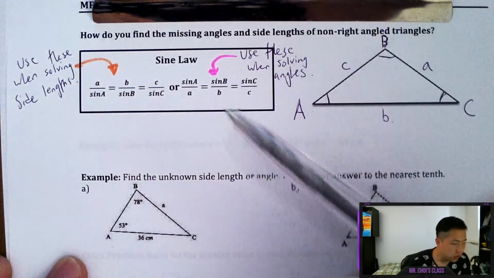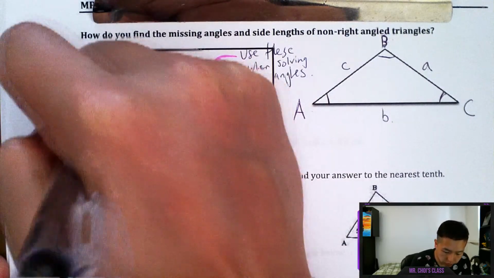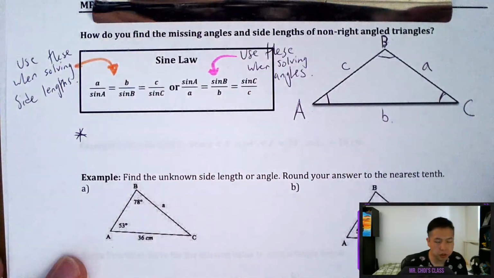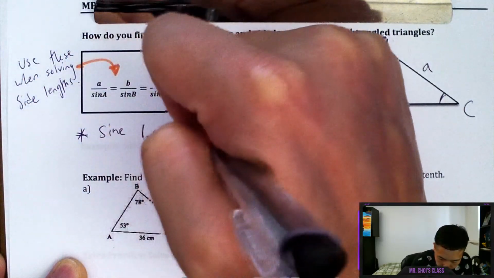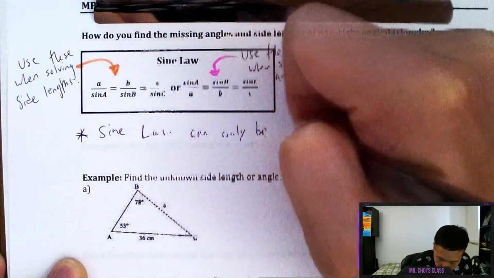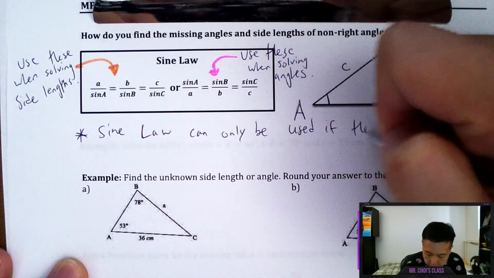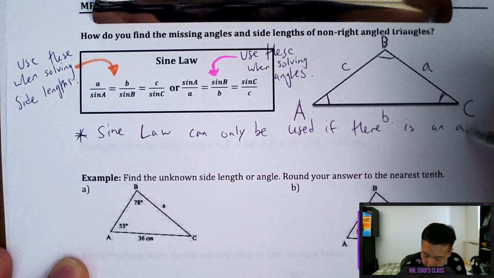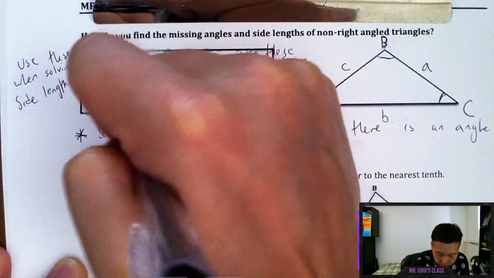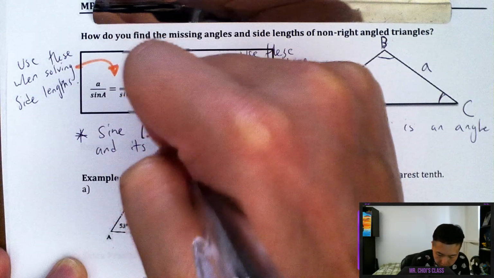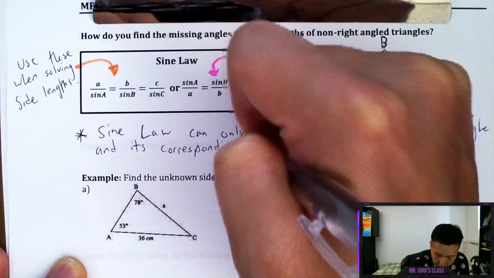So, using sine law, the restriction. Okay, important restriction. Sine law can only be used, okay, if there is an angle and its corresponding side.